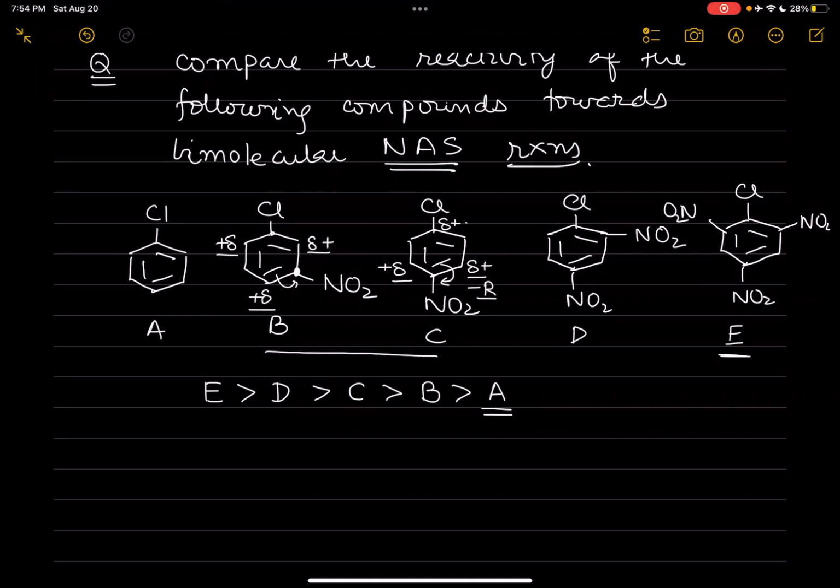So though this NO2 is creating a plus charge, it will make the ring more reactive because the ring is ultimately being attacked by the nucleophile, which will bring in electrons. So creation of plus charge will help. But it will not be as good as in option C, where the plus charge is directly created at the carbon atom bearing the Cl.